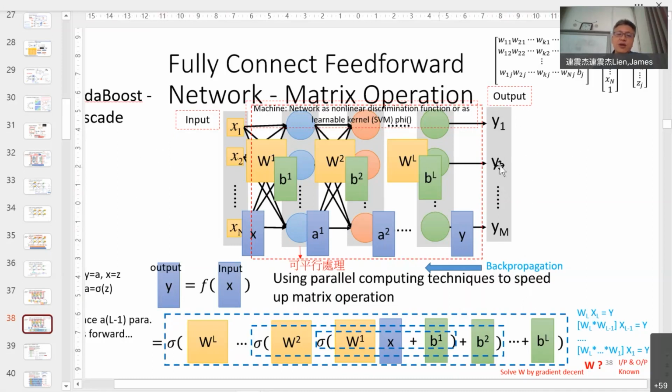If the input is 1, this will be 1, and the others are 0. After you have this kind of labeling, and this is the equation we already talked about, right? So we can backpropagate and optimize those parameters.